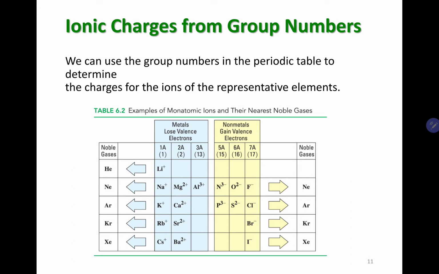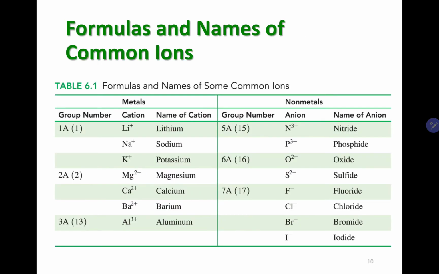As you can see, anions will always gain electrons and get to the noble gas configuration to their right hand side, and cations or metal atoms will always lose electrons and get to the noble gas configuration next to them. Also, let's talk about the names of these common ions.